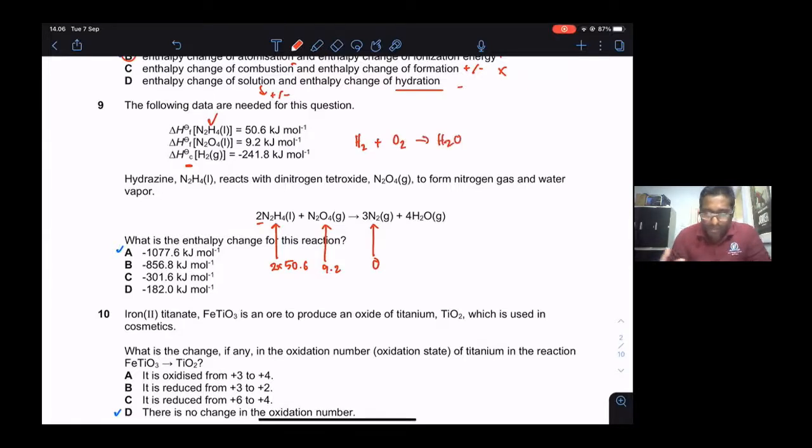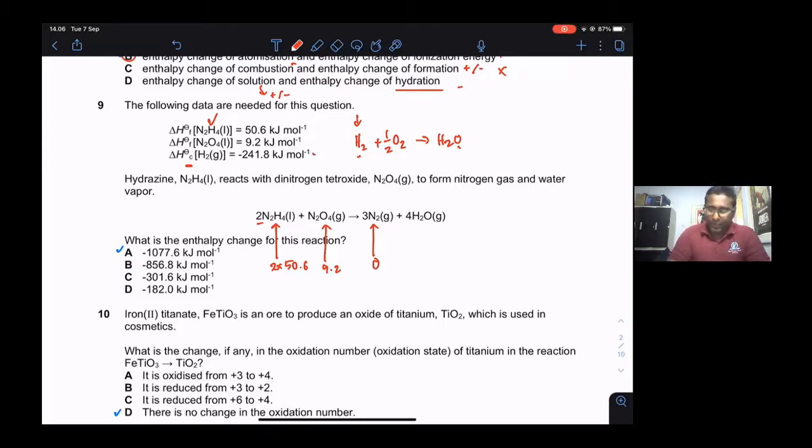Before I balance, I need to remember the definition. The definition is 1 mole of substance combusted completely with excess oxygen to give the product. If I want to maintain 1 over here, how to do that? For this one I just put half. No need to times by 2, because I want to maintain the definition over there.